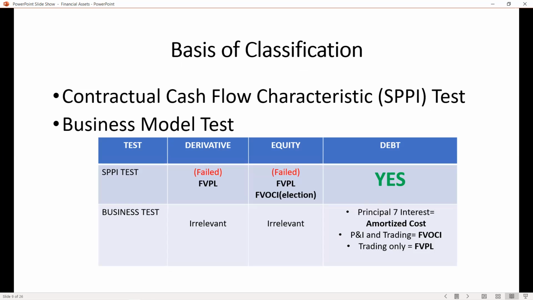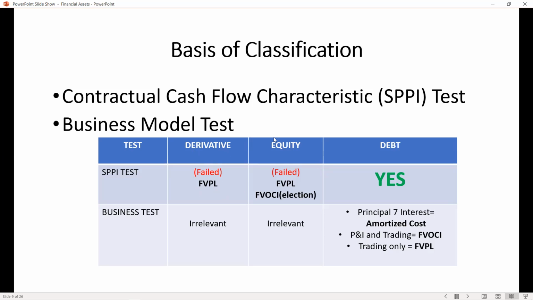Which means the purpose of derivatives is not collecting the principal and interest. Therefore, it fails the SPPI test. If it fails the SPPI test, then the derivative is traditionally measured at FVPL, but only derivatives that are not included in hedge accounting. So again, derivative fails to pass the SPPI test or contractual cash flow characteristic, therefore it must be measured at FVPL.